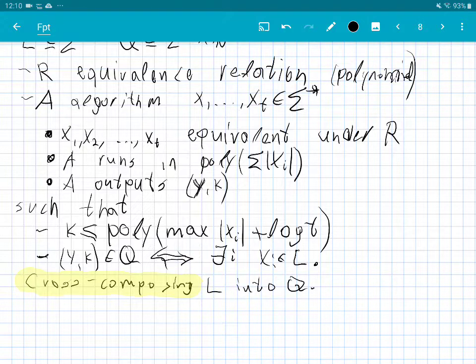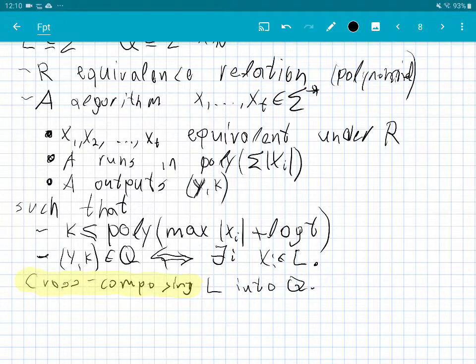It's determined by the largest instance in your collection of instances, not by t, if we ignore the log. And the critical property is, of course, that this new instance is in the language Q if and only if there exists one instance that is in the original language.